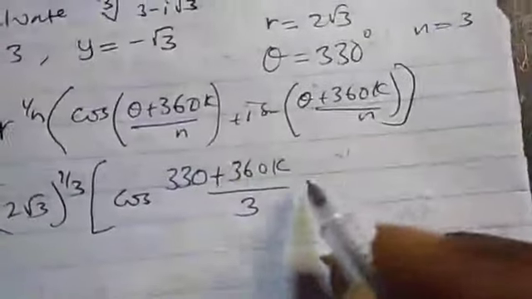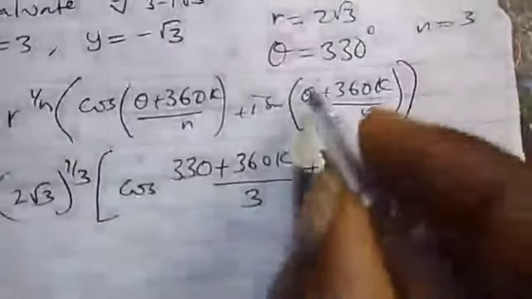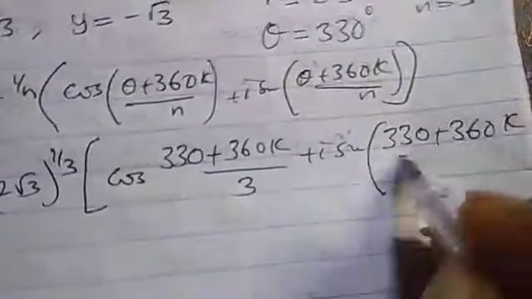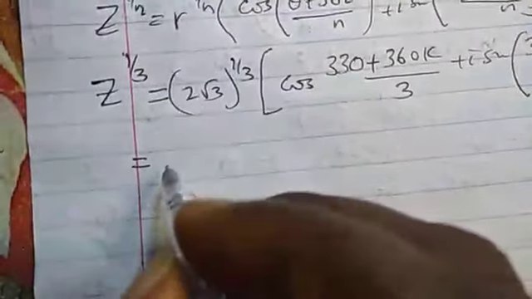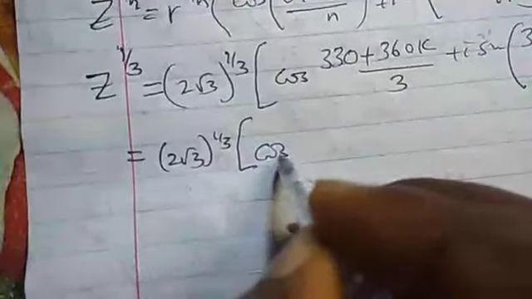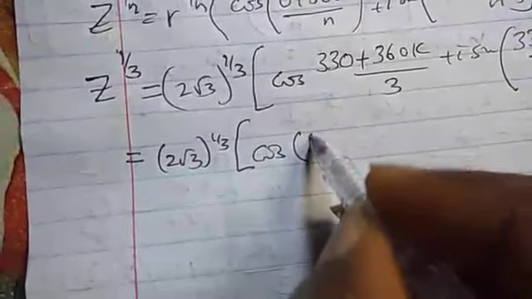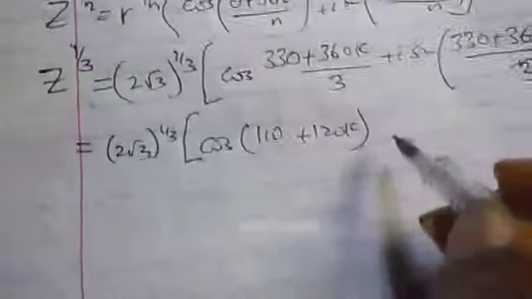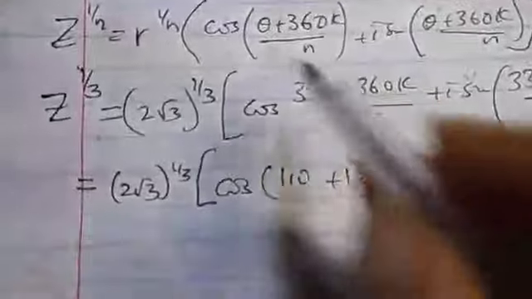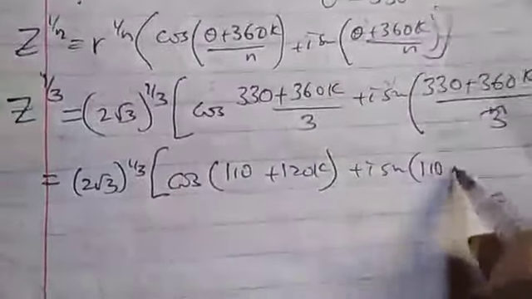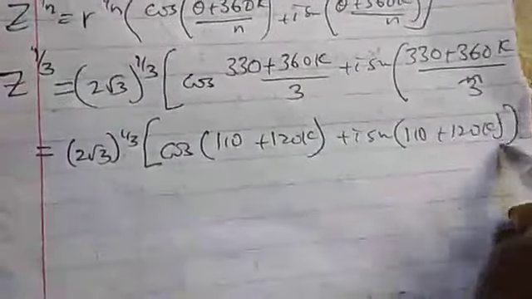Our n is 3, plus i sin, the same thing, theta 330 plus 360k over 3, which can be written as 2 root 3 raised to power 1 over 3 into cos 110 plus 120k, because 3 cancels this, plus i sin, the same thing, 110 plus 120k.